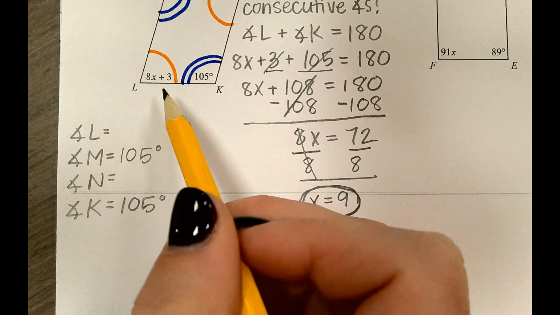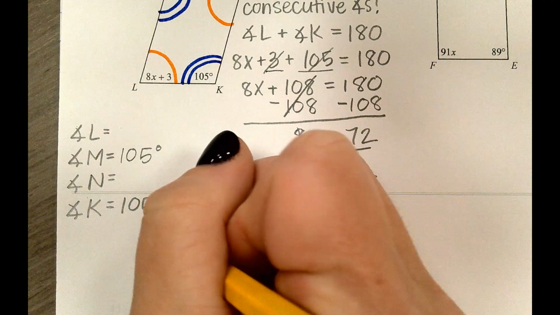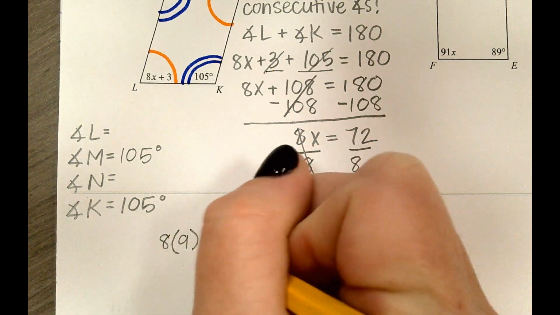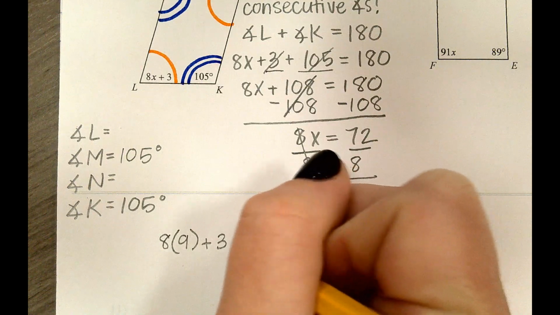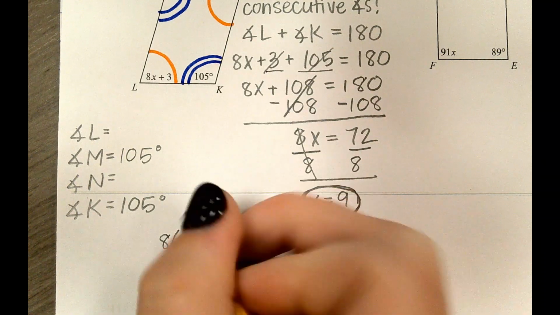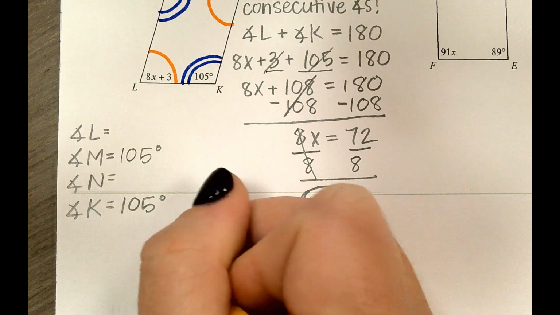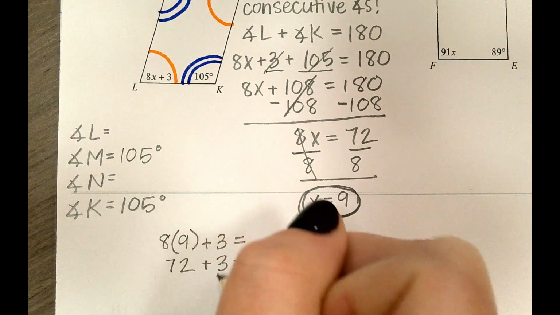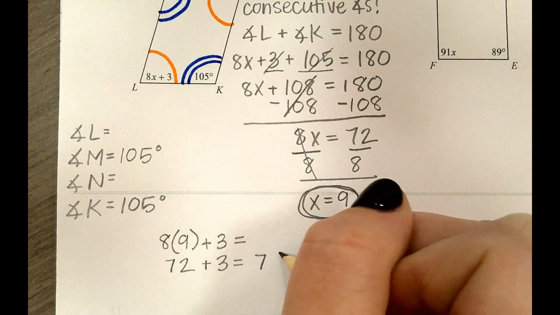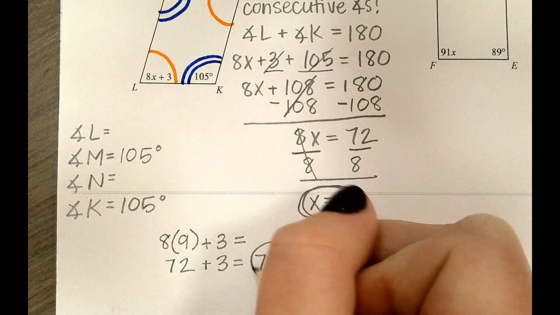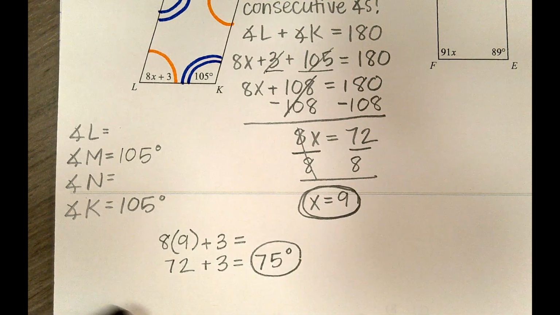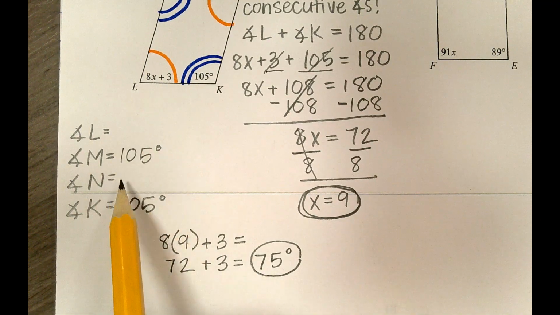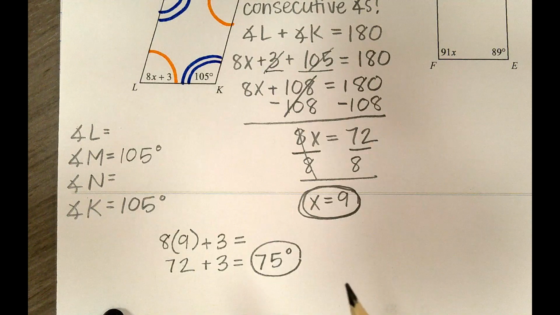So instead of 8x plus 3, we can write 8 times 9 plus 3. 8 times 9 is 72, plus 3, which is 75. So 75 would be the measure of angle L and angle N because those are equal, right?